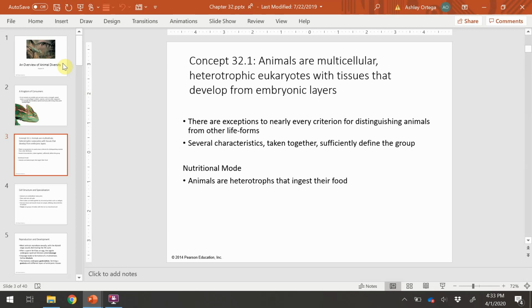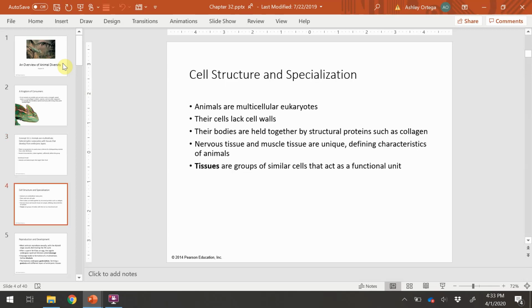So their nutritional mode is heterotrophic, and they ingest food from outside their environment. In terms of cell structure and specialization, they are multicellular eukaryotic cells. They do not have cell walls, which is a unifying trait of all animals.